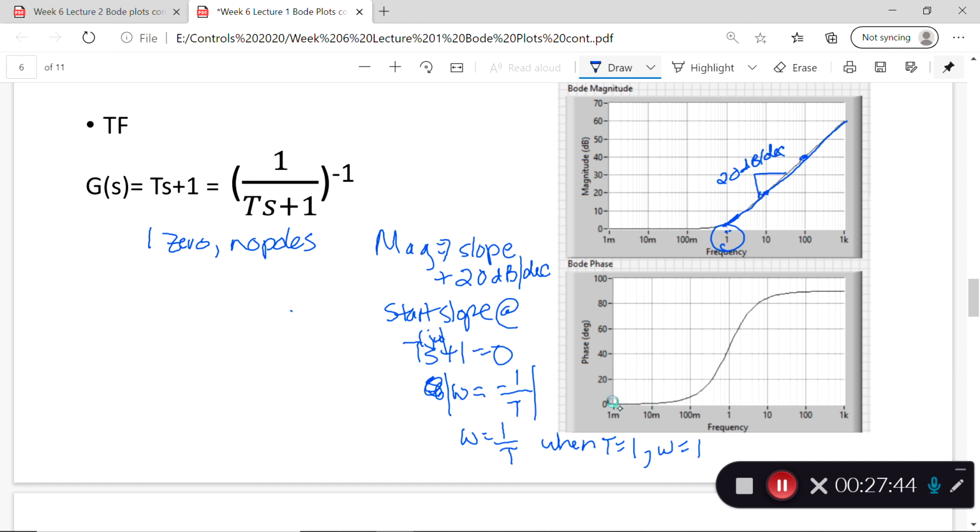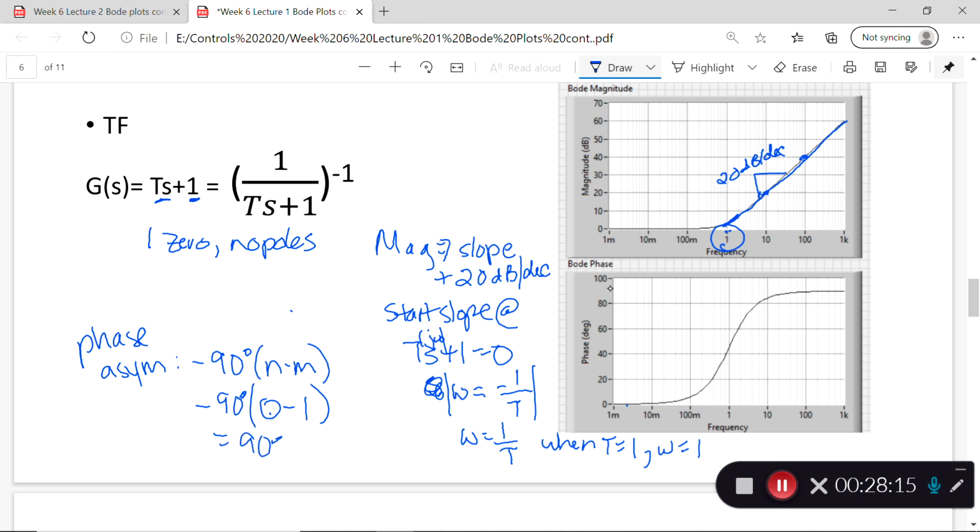For my phase plot, I started at 0 degrees, when my real part is much, much bigger than my imaginary part. It approximates just a real number, which is 0 degrees. In my phase graph I will have an asymptote at negative 90 times n minus m, and now I have no poles, one zero, so that becomes positive 90 degrees.